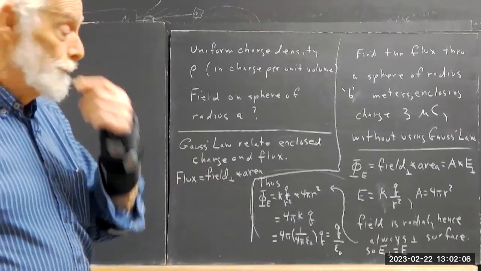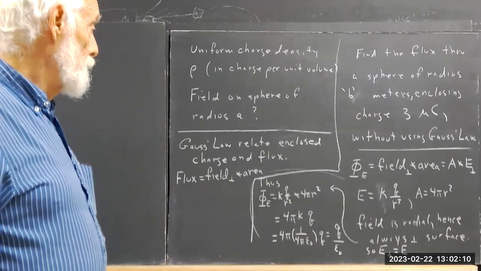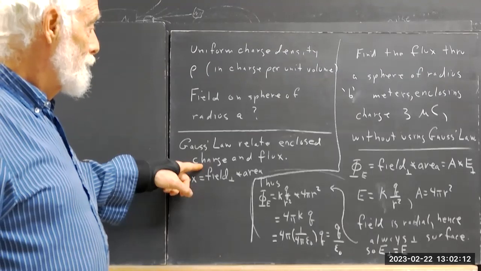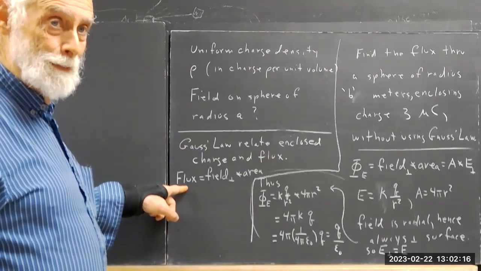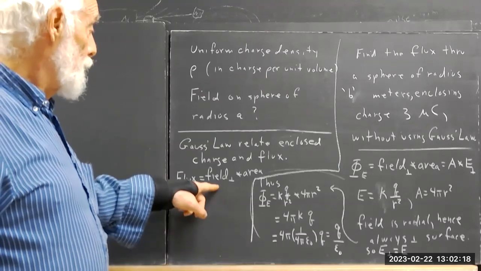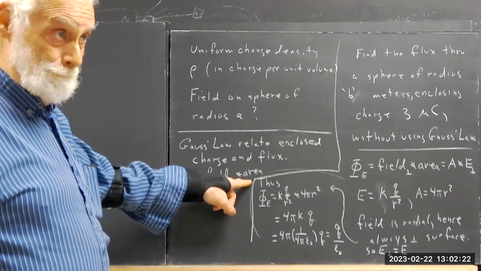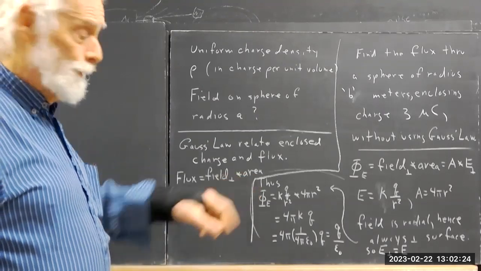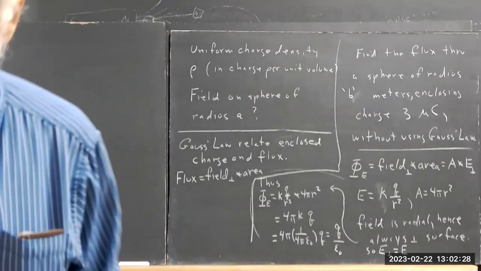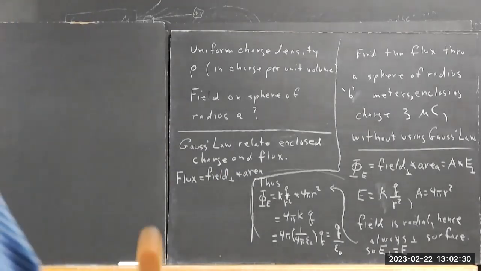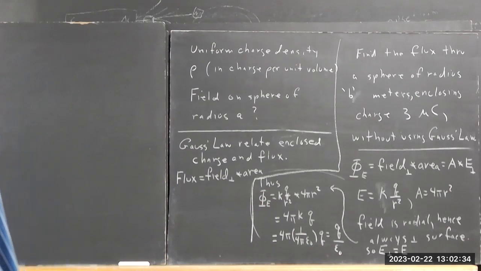So Gauss's law relates charge and flux, so you know the flux. Trying to find the field, you better know the area. That makes sense? Think it through until it really does, because that's a central intuition you need to apply Gauss's law.